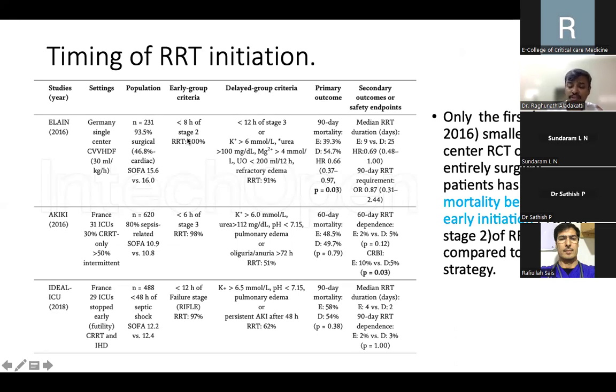Stage 2 means you should know the AKIN grading, or the RIFLE criteria, to know the staging. That can be discussed later in another class, or in the module. These are the commonly studied timings when there is no absolute indication: less than 8 hours or less than 6 hours of stage 2 or stage 3, or less than 12 hours of failure.